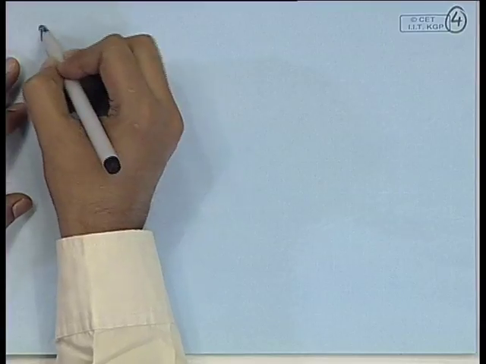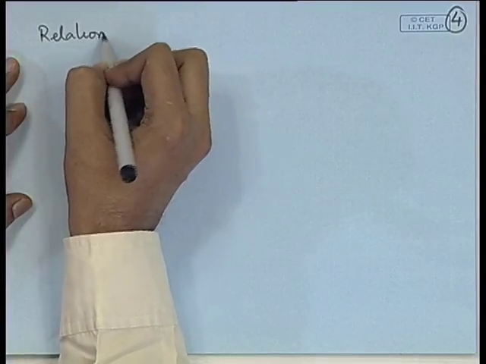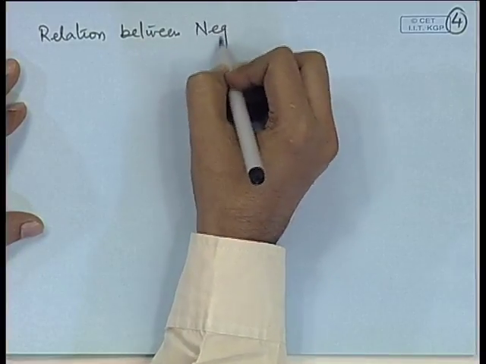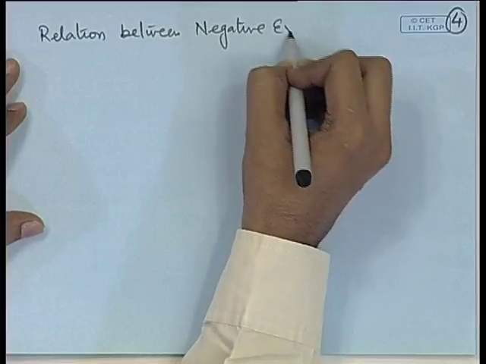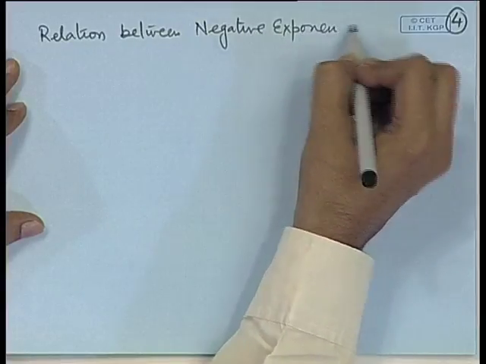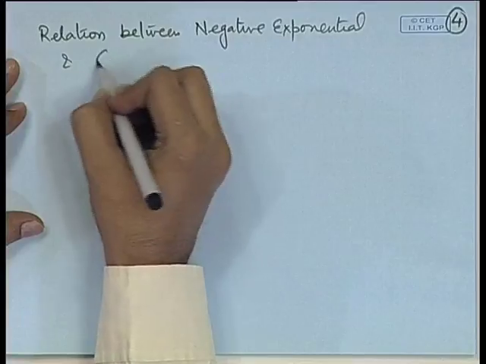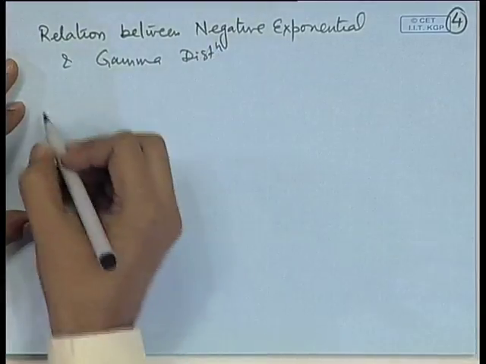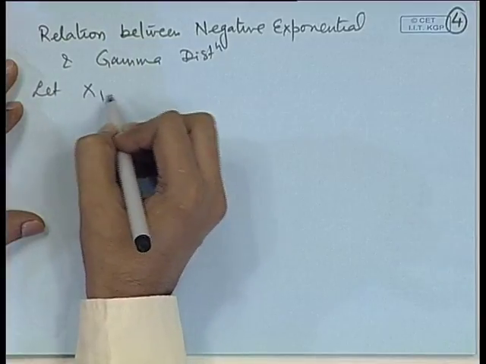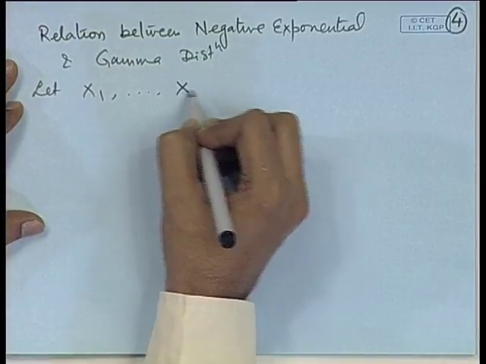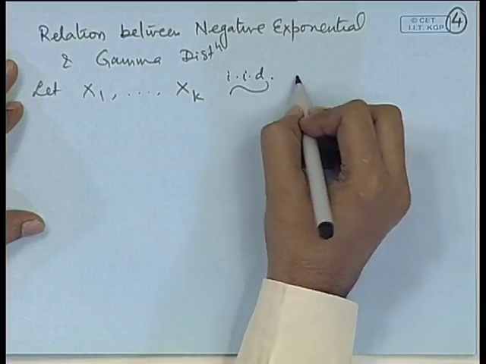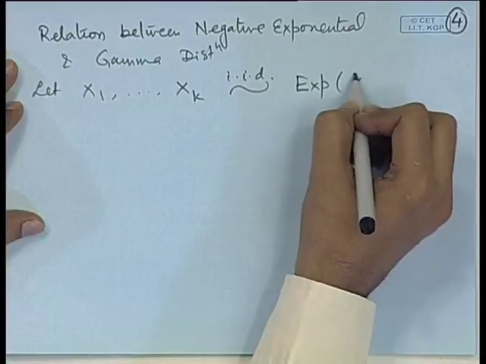Let us look at a relationship between negative exponential and gamma distributions. So, let X1, X2, Xk be independent and identically distributed exponential variables with parameter lambda.